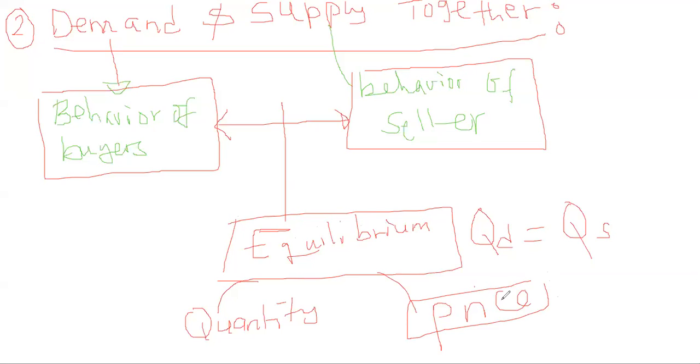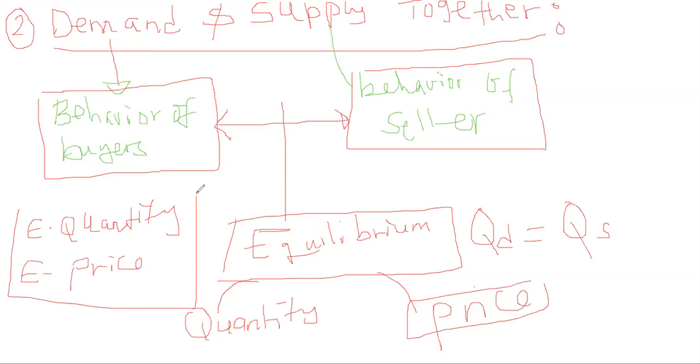So let's look at this. The concept that we need to understand here is what we mean by equilibrium quantity. It's the quantity at which demand is equal to supply. Then we also need to know the equilibrium price. These are the two concept takeaways that we need to know.